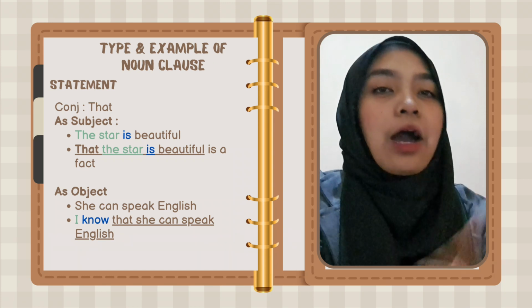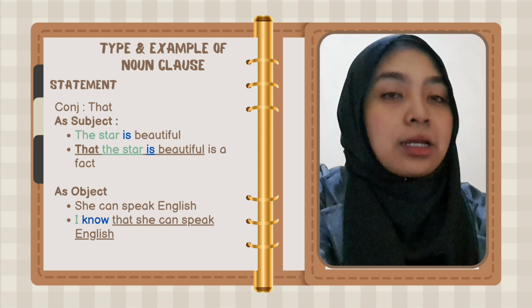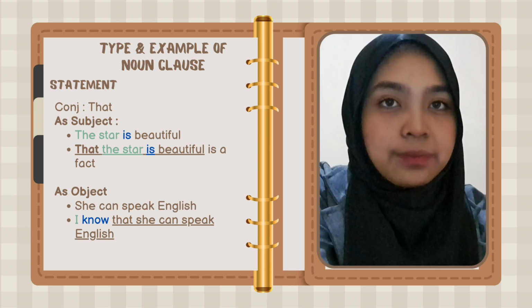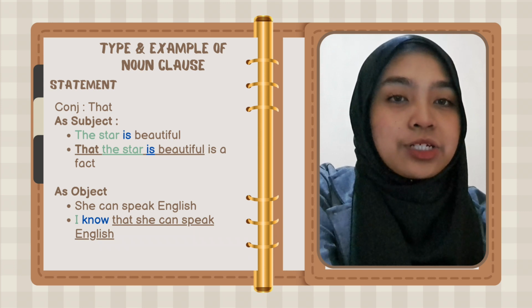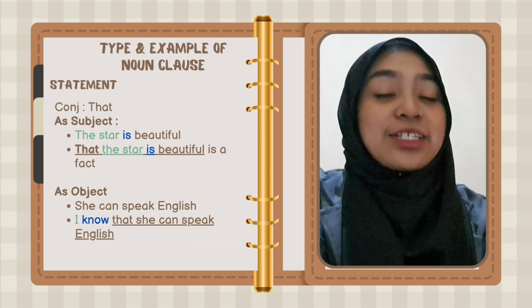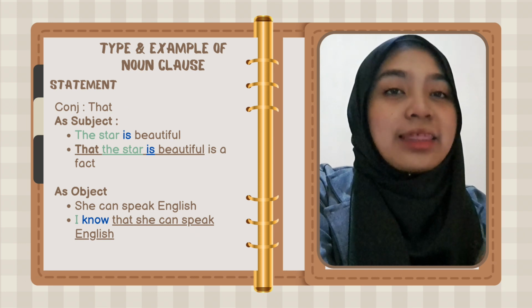Here I have a sentence: She can speak English. It changes to: I know that she can speak English. As you can see here, we use the conjunction that.